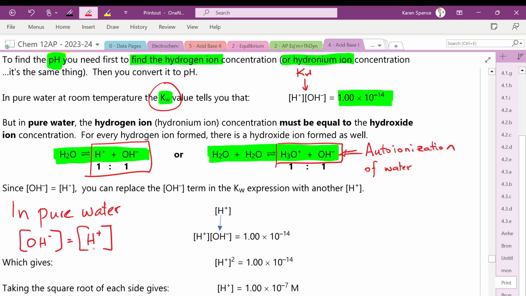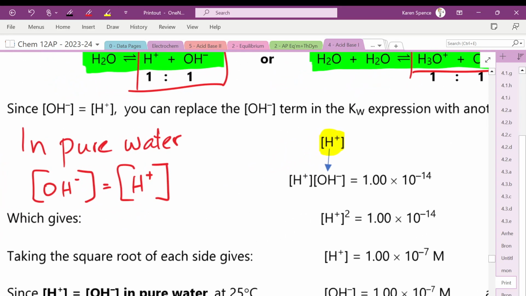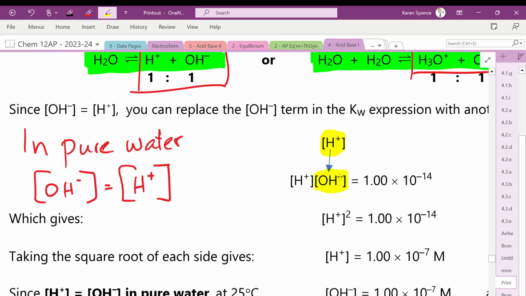So what we can do is take our hydrogen ion concentration and replace hydroxide with hydrogen because they're the same. Yes? So that's going to give us H squared is equal to 1 times 10 to the negative 14, okay? Or Kw, yes?